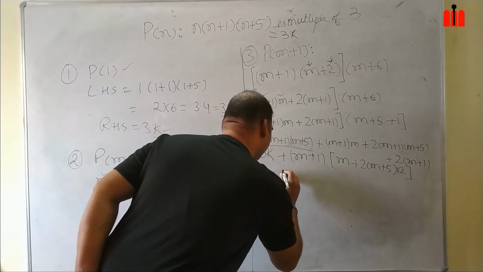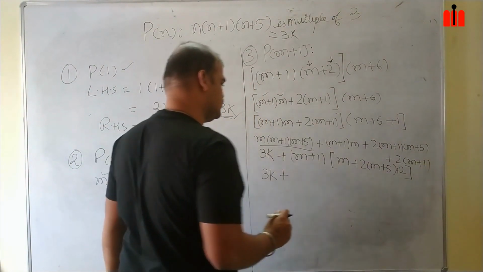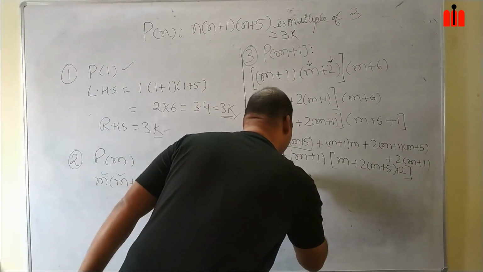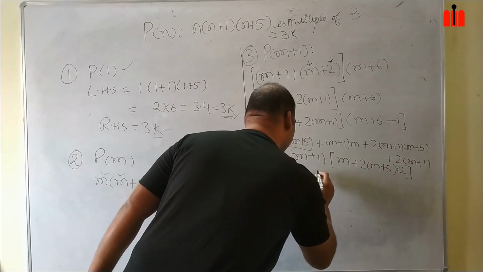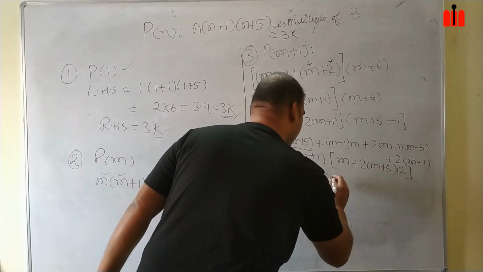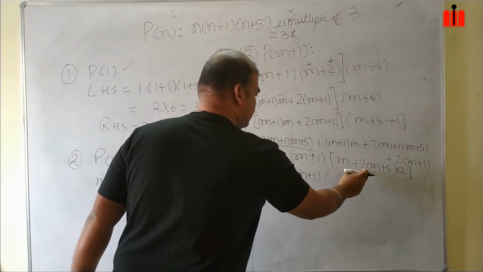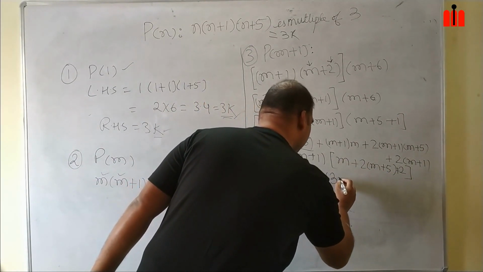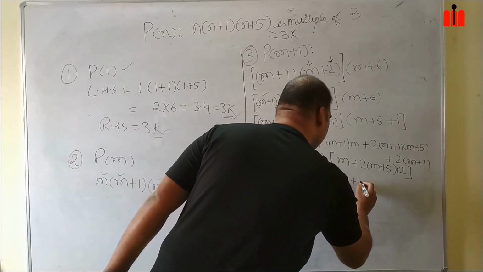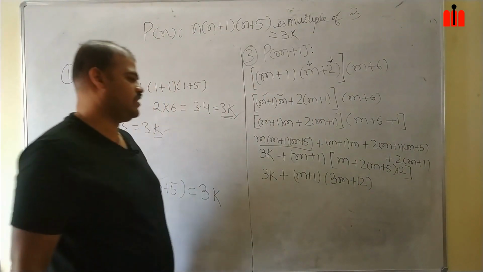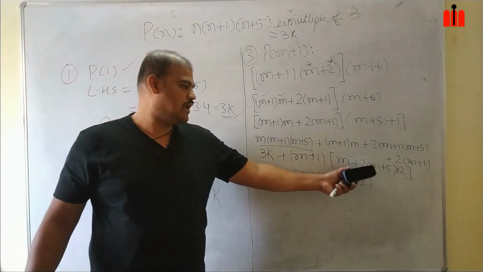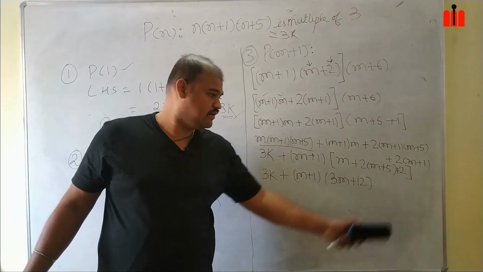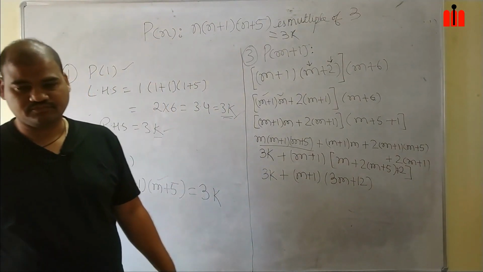You understood this? So it will be 3k plus m plus 1 into, you just multiply this 2 with this, then you will get 3m plus 12. 2m plus m will become 3m, 2 into 5 is 10, 10 plus 2 is 12.